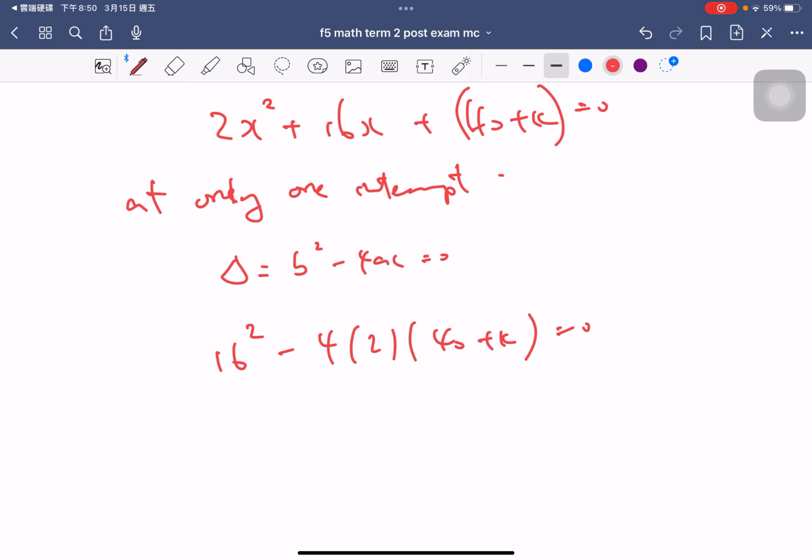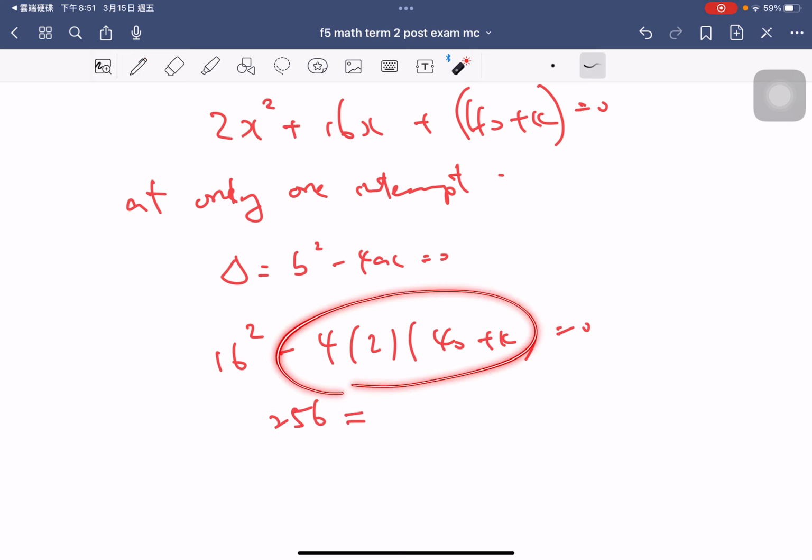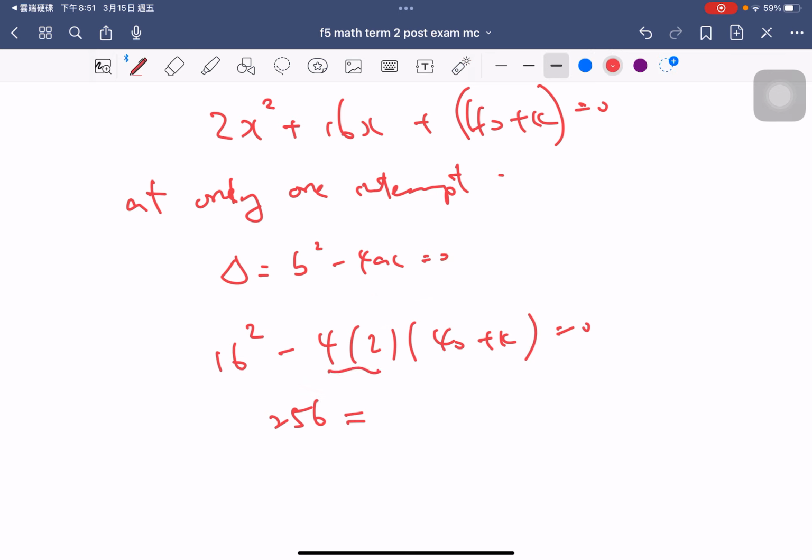So I have 256, and I just move the whole thing to the right hand side, so this becomes positive. 4 times 2 is 8, times 40 gives you 320, and then plus 8k. So k equals 256 minus 320 divided by 8. So now you get k is equal to -8.